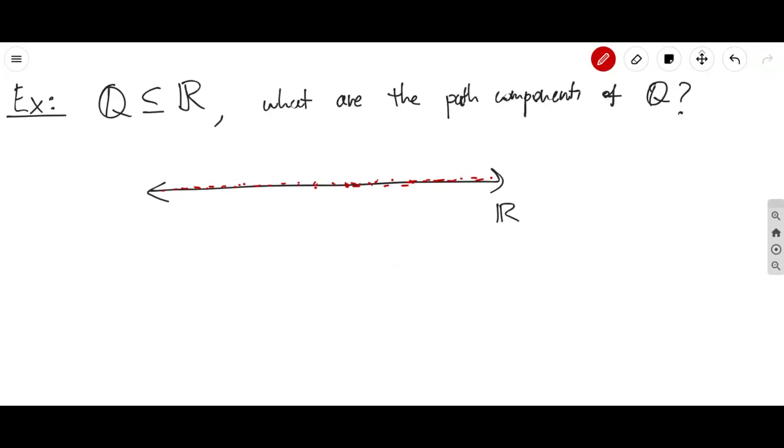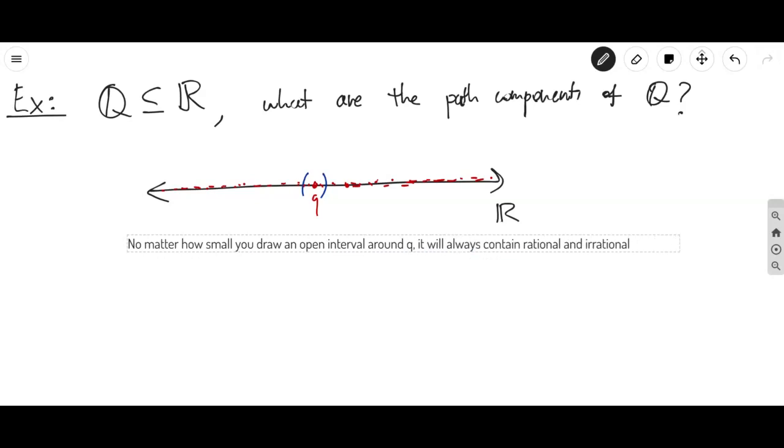If you pick some rational number Q, then no matter how small you make that little neighborhood, it will contain an infinite collection of rational and irrational numbers. So that's the reason why it's not path connected. No matter how small you draw an open interval around Q, it will always contain rational and irrational numbers.